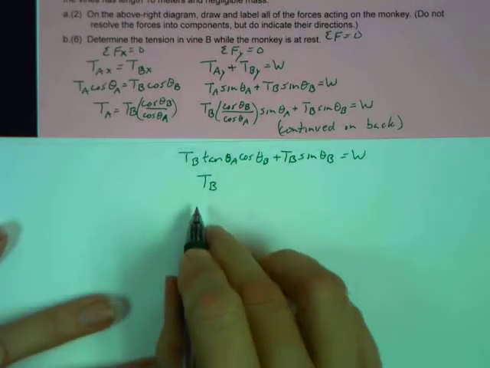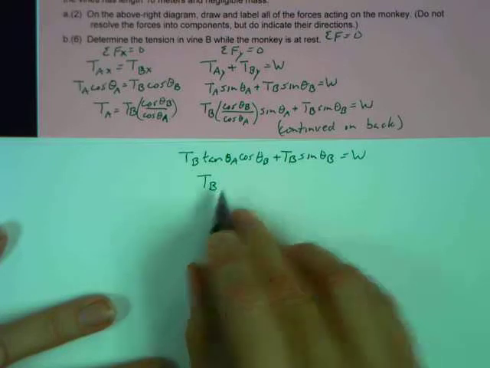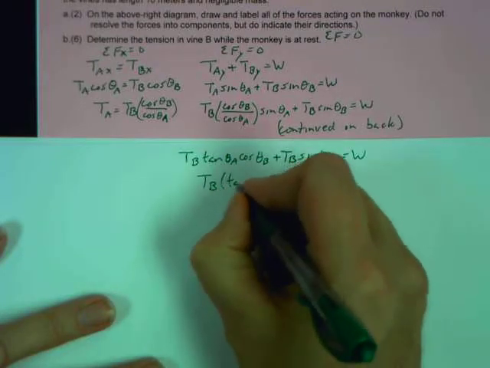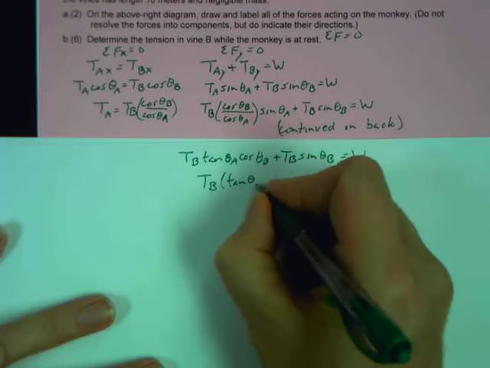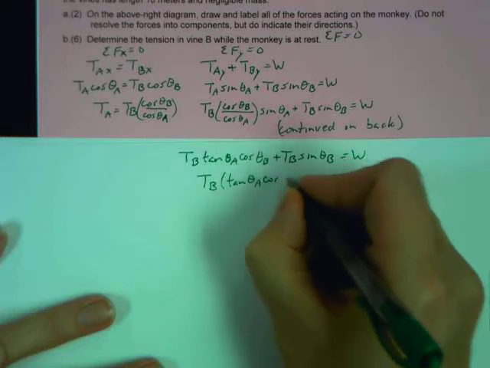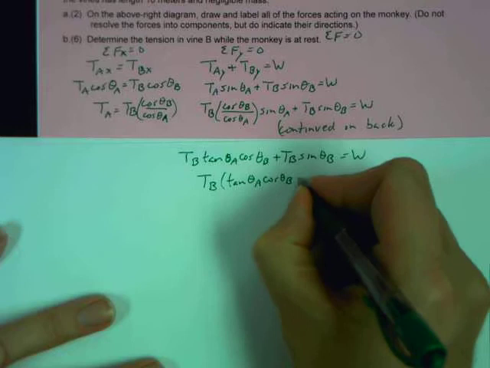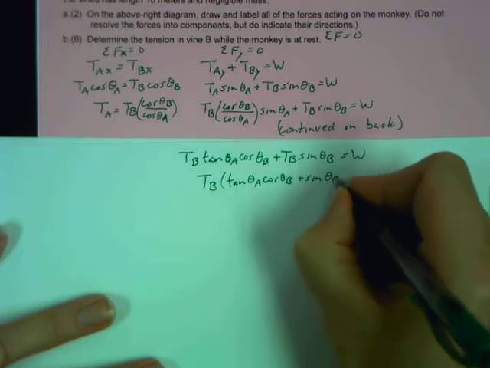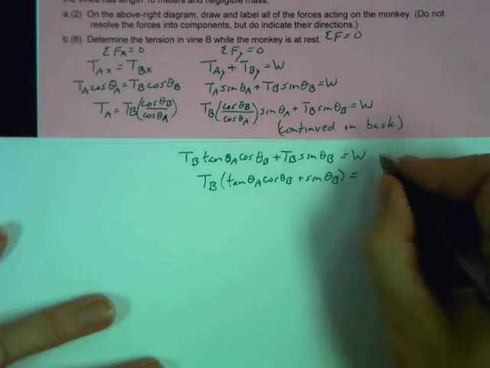Okay, so my tension in vine B is tangent of theta A times the cosine of theta B plus the sine of theta B equaling W, which now I'm going to substitute as mg.